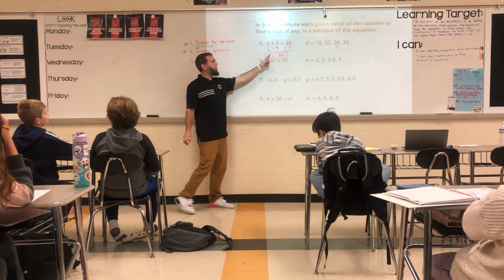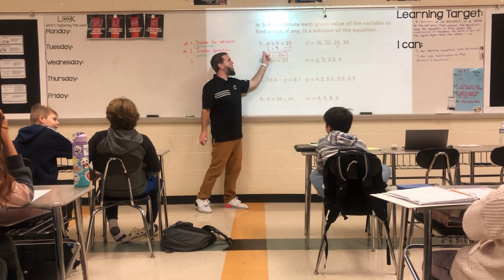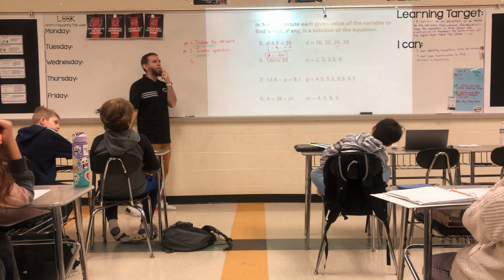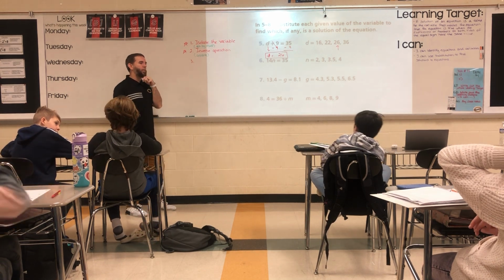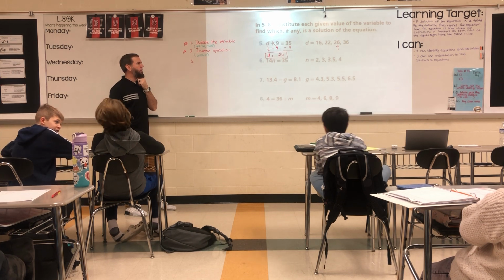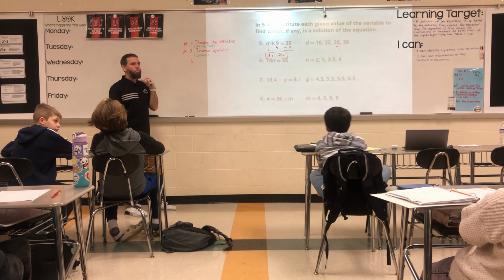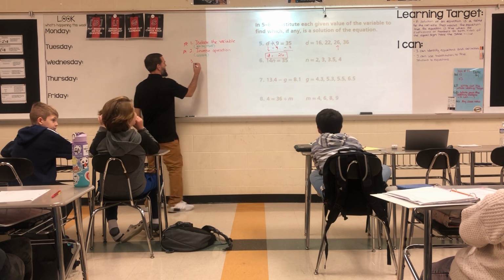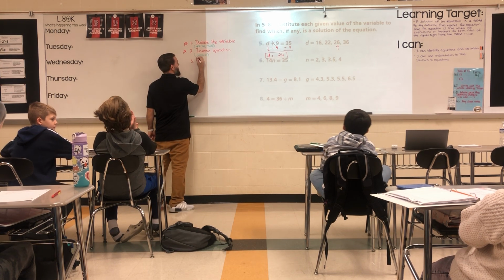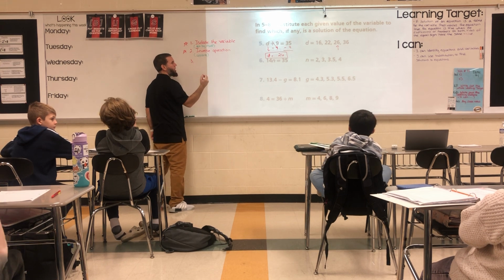So Madison G said, whatever you do over here, you have to do over here. So how can we write that down? How can we explain that in a good way? We could what?